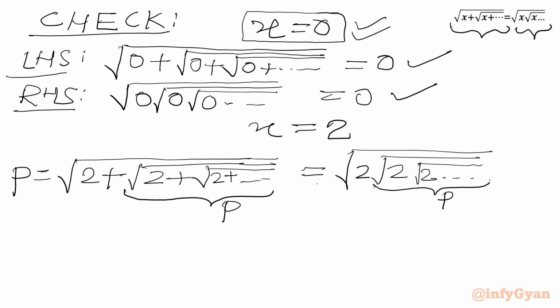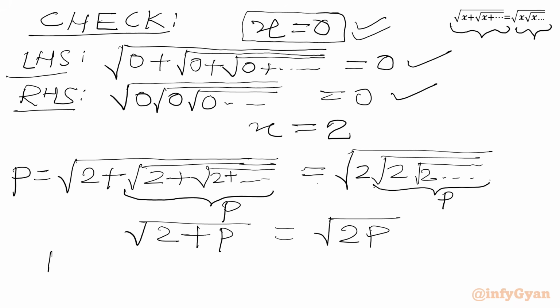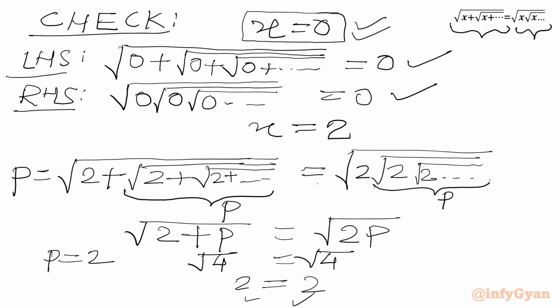So I can write square root of 2 plus p. This must be equal to square root of 2p. And if I will consider p equal to 2, I am going to get a square root of 4 in LHS and a square root of 4 in RHS, which will give us 2 equal to 2. So LHS equal to RHS for x equal to 2. Hence our solution x equal to 2 is also true solution.